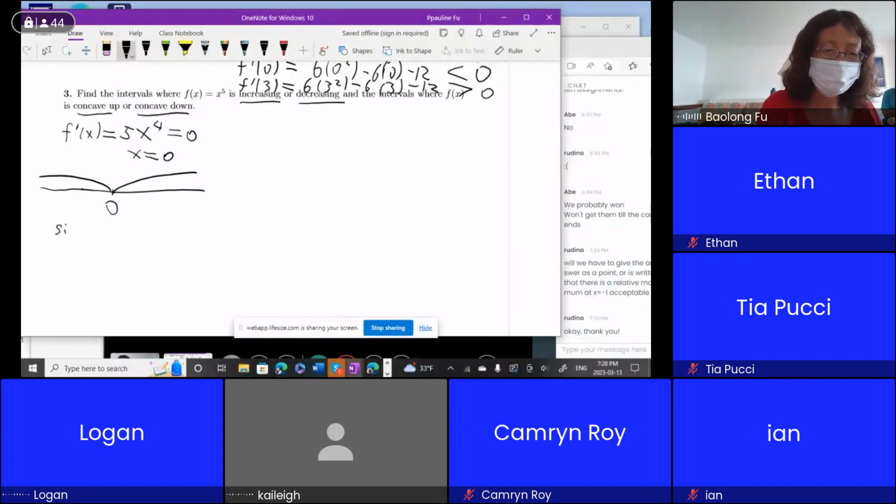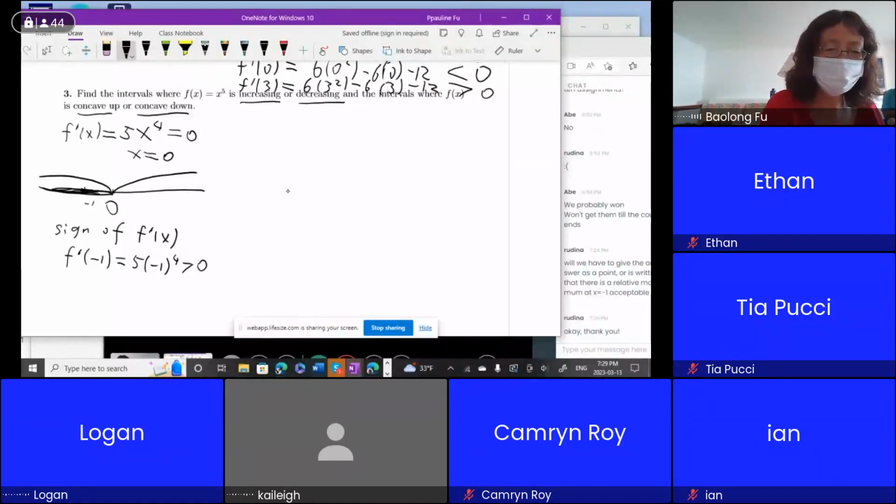Now decide the sign of the derivative f'(x) in this part first. Take any number here, for example, take -1. What is the derivative at -1? It is 5 times (-1)^4. You only care whether it is positive or negative.